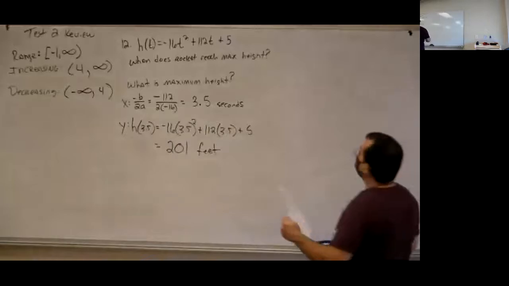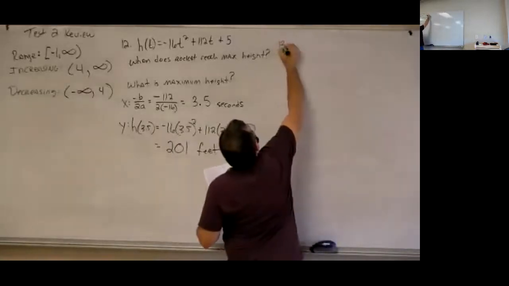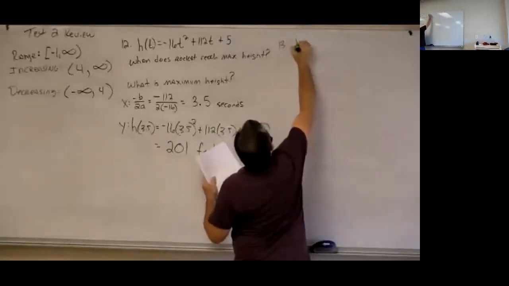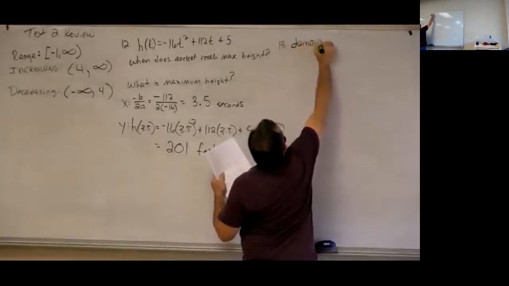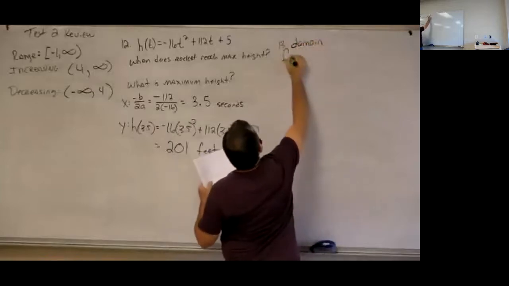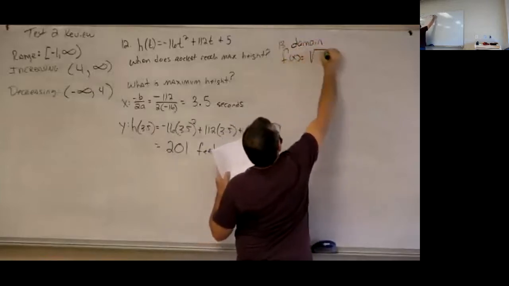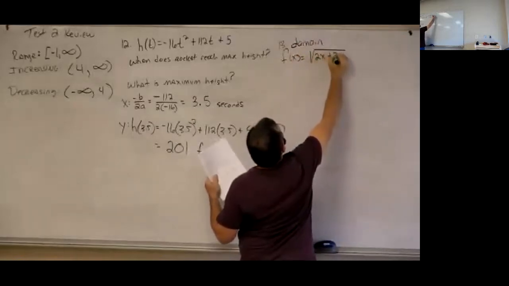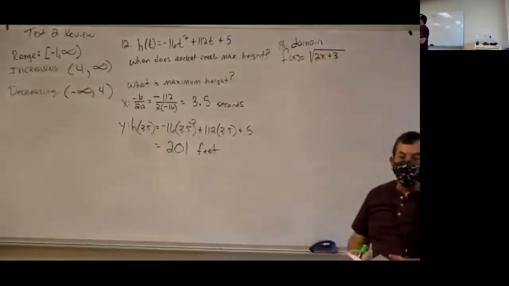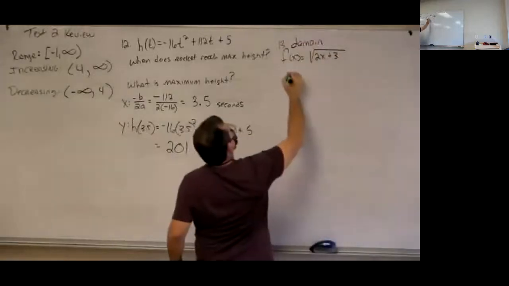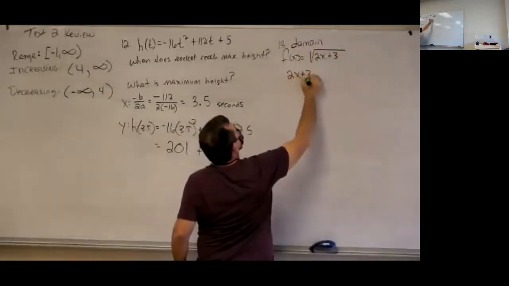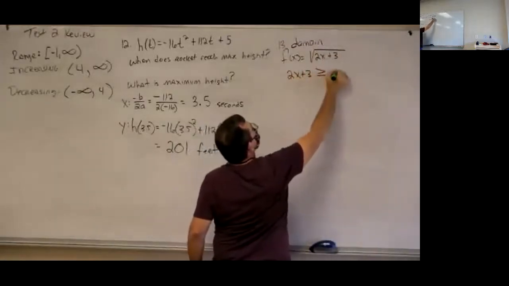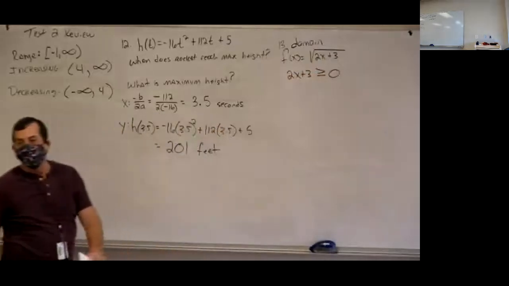All right, here we get off the Earth stuff. 13, find the domain. I got f of x equals the square root of 2x plus 3. Domain of a radical, I'm going to take what's under that radical, 2x plus 3, and set it greater than or equal to 0.